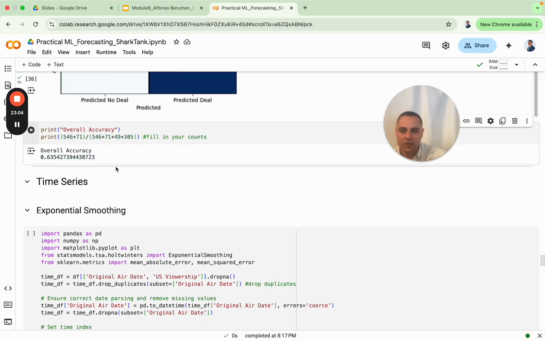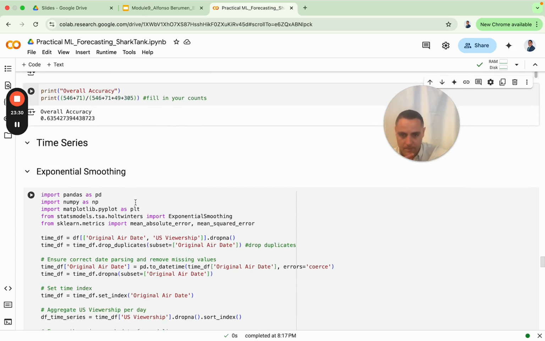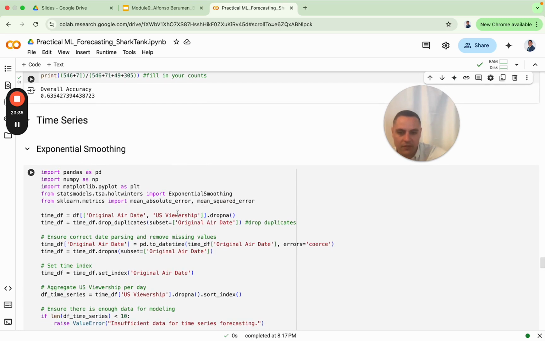And finally, we're going to go into time series. The Shark Tank data set's not really the ideal data set for a time series problem, right? You might be looking more at stock prices or monthly sales. But one thing we can see here is the viewership. We have the air dates and we also have the viewership.